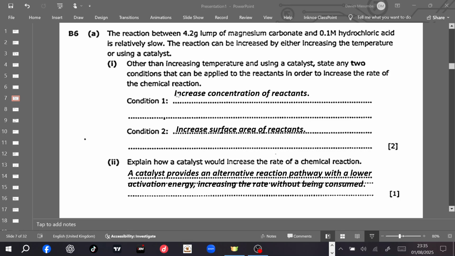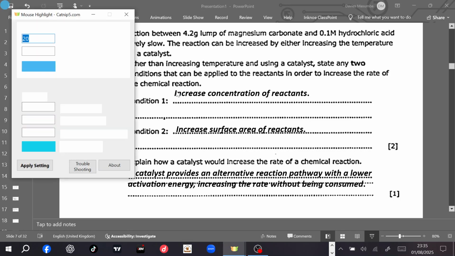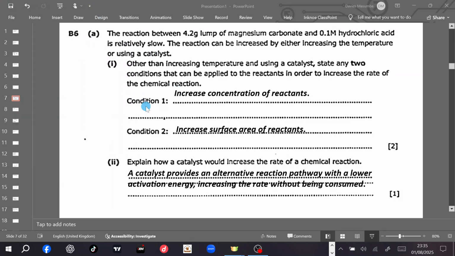Okay. So now, what are we saying? They said state any two conditions that can be applied to the reactants in order to increase the rate of the chemical reaction.